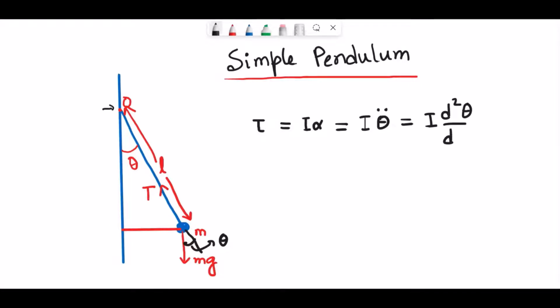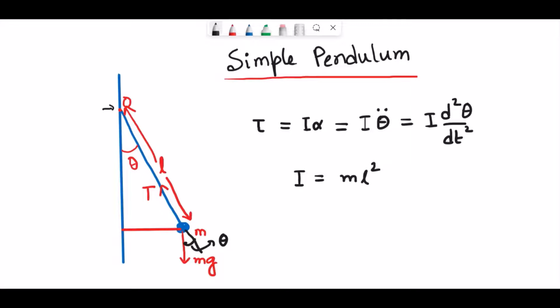Now, the moment of inertia for the system is simple. It's I equal to m times L squared. That is the mass distribution of the system, and this is the moment of inertia.